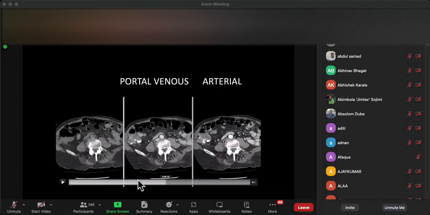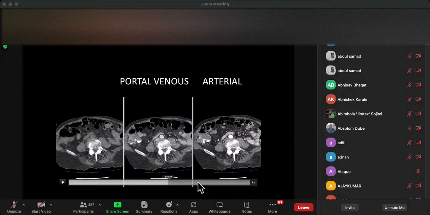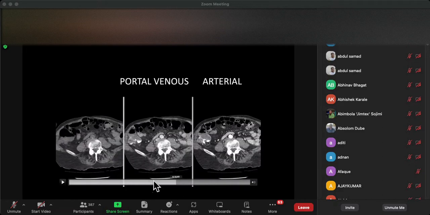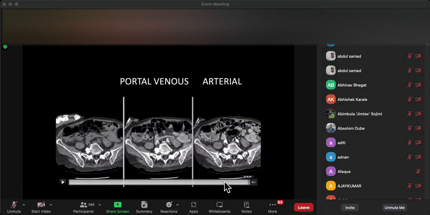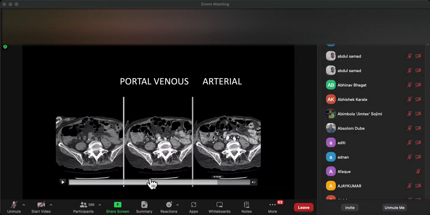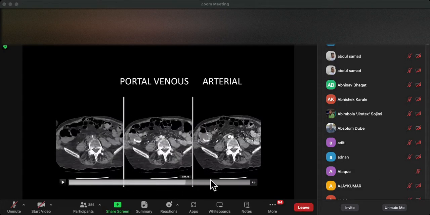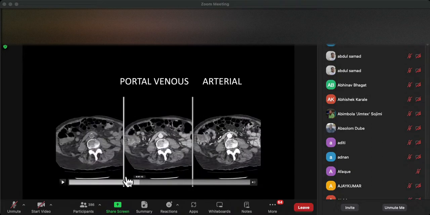So we've got contrast pooling in the cecum. It's persistent on the portal venous phase and the arterial phase. And so there's a bleed in the cecum. Angiodysplasia doesn't usually enhance with contrast, although that can also be associated with bleeding in the cecum. But this was a cecal bleed which required embolization to stop.